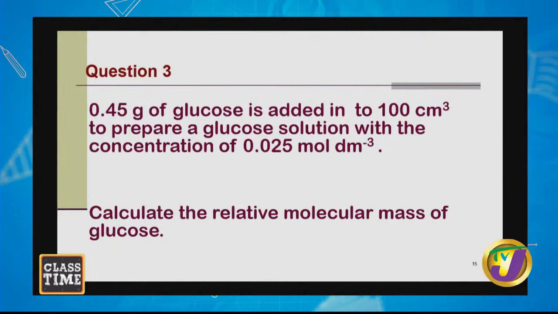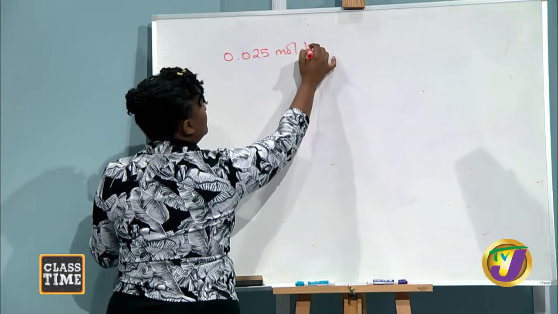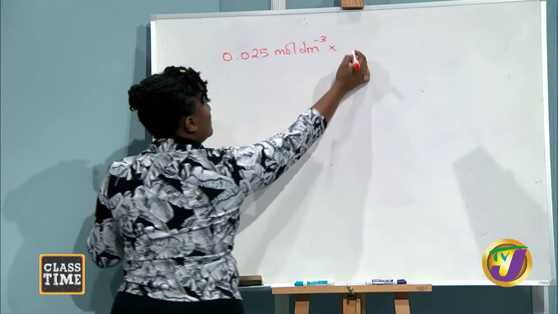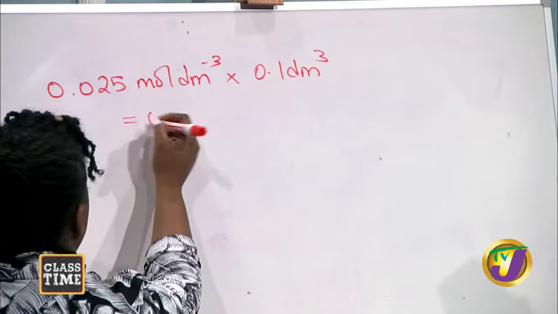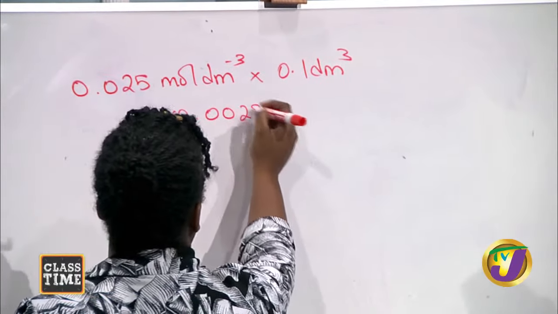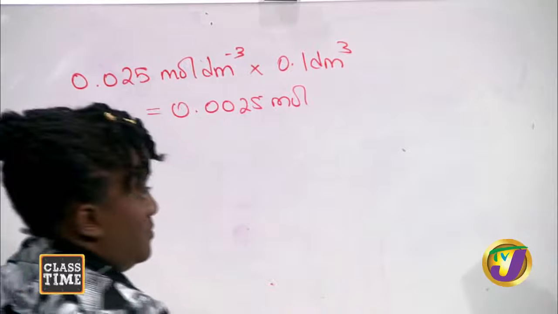So multiplying that by our concentration, 0.025 mole per dm cube times our volume converted to dm cube, that will give us 0.025 moles.